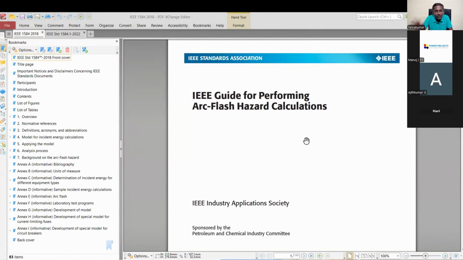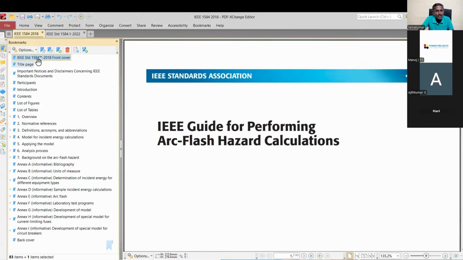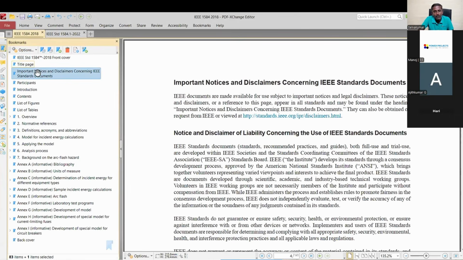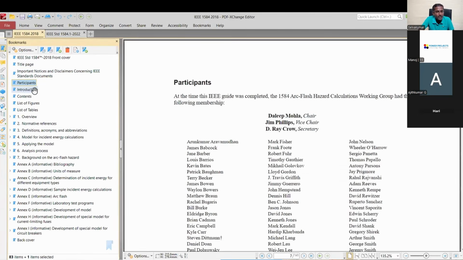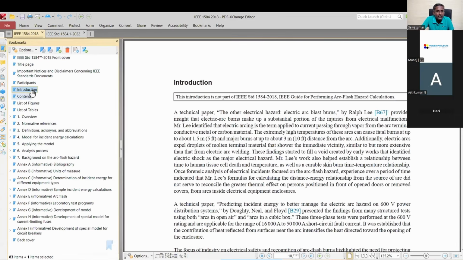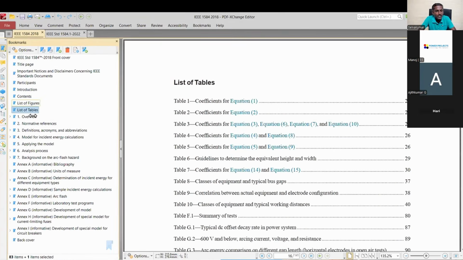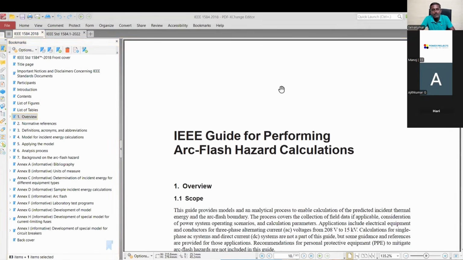What it covers and what it does not cover. This is the title page, then important notices on who all contributed to this, an introduction, contents, list of figures, list of tables. Here is where we have to start.